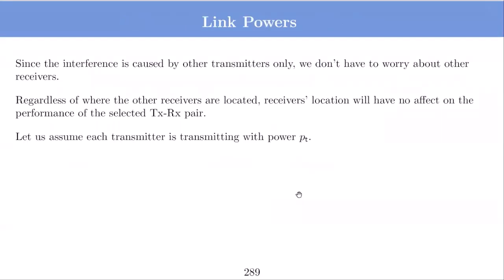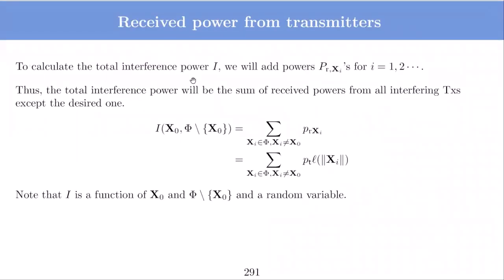Okay. So for the total interference you have to add all the powers, and thus the total interference power will be just the summation of all the powers, given by the summation over all points excluding x0. I'm not including x0 because x0 is my desired transmitter. The rest of the transmitters will contribute to the interference.